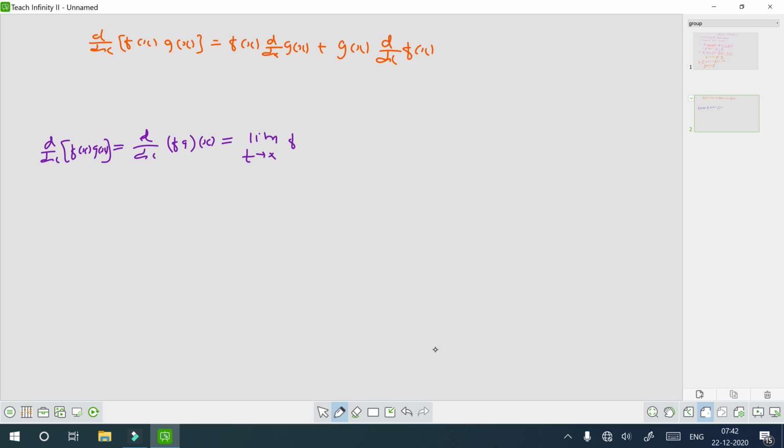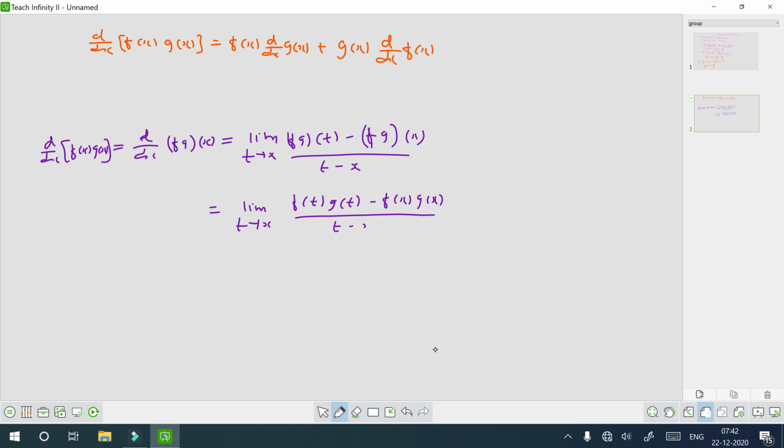Let us take this one: limit t tends to x of f(t) into g(t) minus f(x) into g(x) over t minus x.